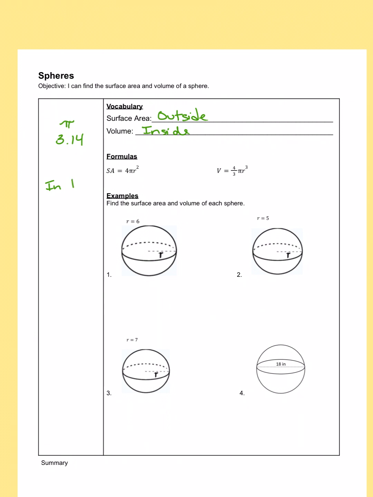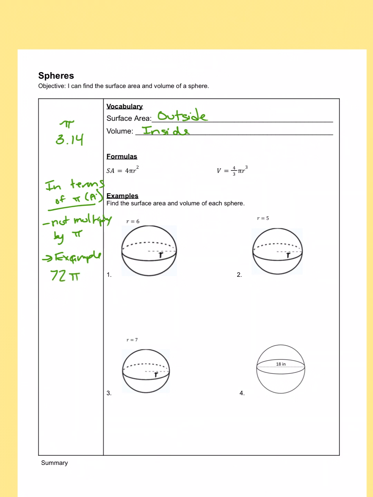If it says in terms of pi, what you're going to do is not multiply by pi. Your answer might look like 72 pi.